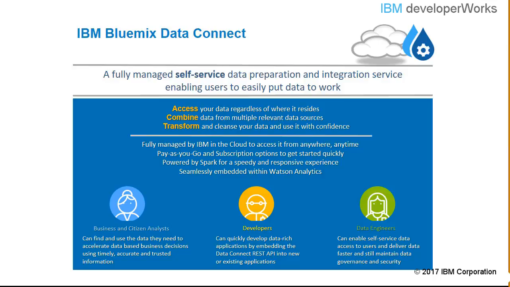And it allows users to combine data together from multiple sources to create insights, and then also provides the ability to transform the data by doing a variety of operations, including cleansing, shaping, removal of duplicates, and so on. Under the covers, the Data Connect service is powered by Apache Spark for performance reasons.